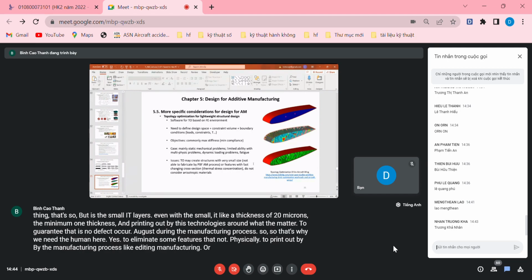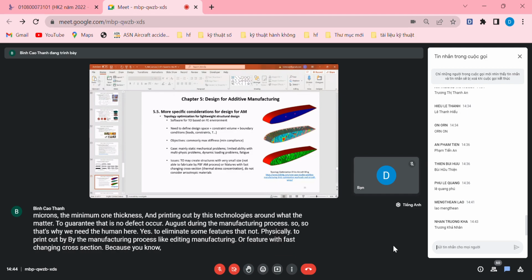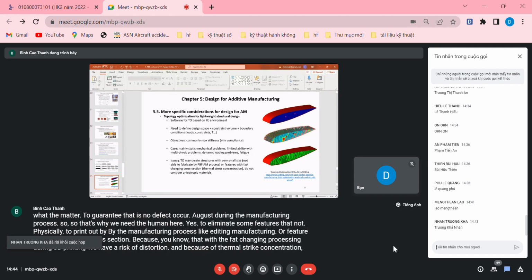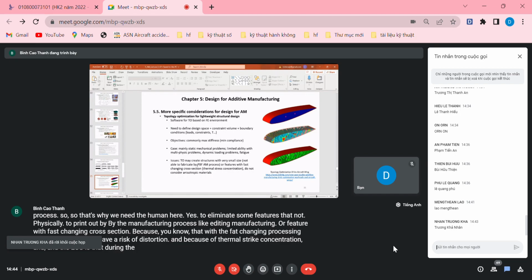Or features with fast changing cross section, because you know that with fast changing cross section during 3D printing, we have a risk of distortion because of thermal stress concentration. And the issue is that during the FE analysis, we do not consider the anisotropic properties of the material.